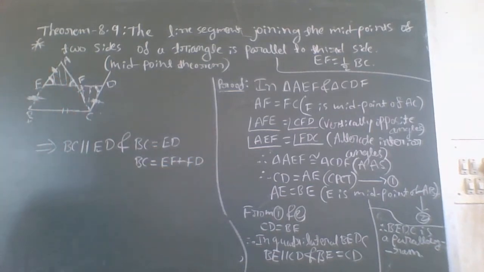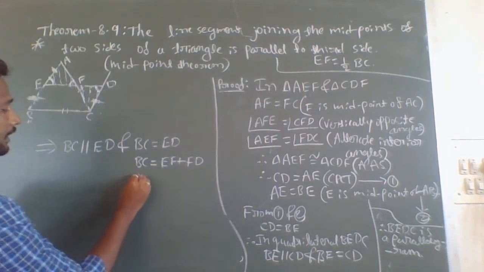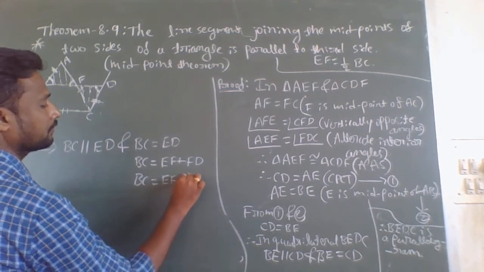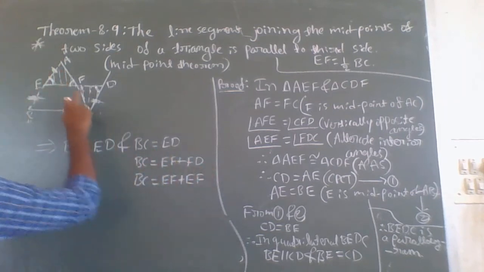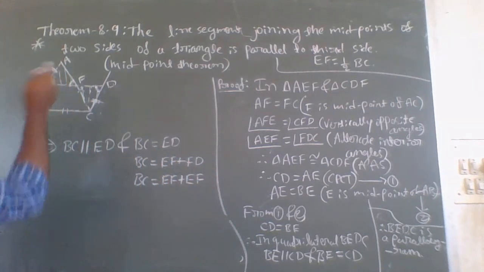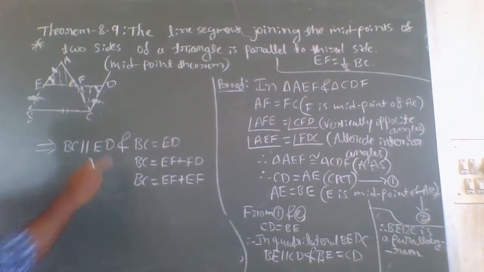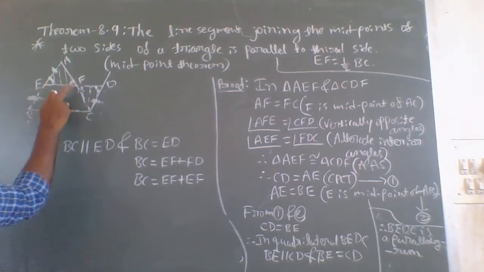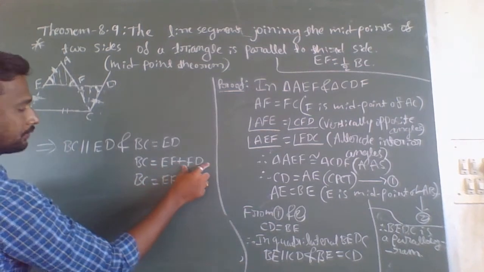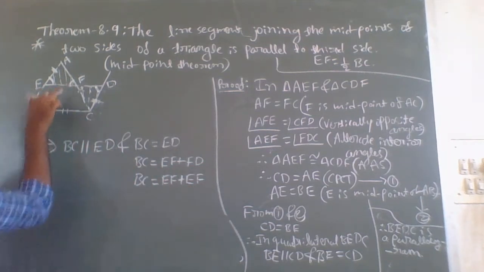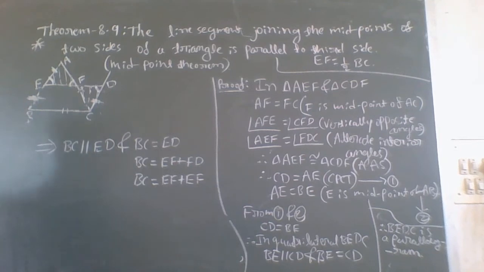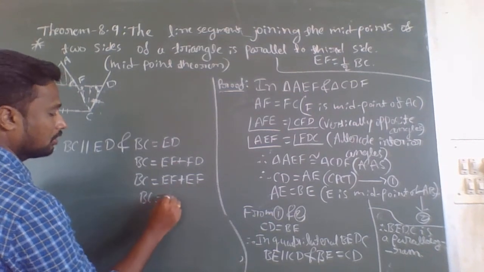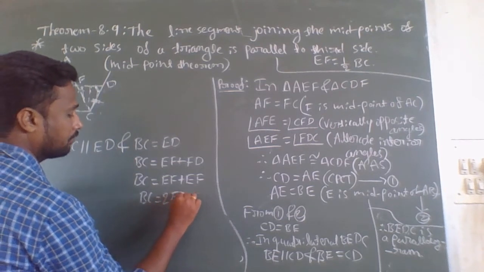In the place of FD, we can write EF also because F is midpoint, since EF is equal to FD. So now we got BC is equal to EF plus EF, means 2EF.